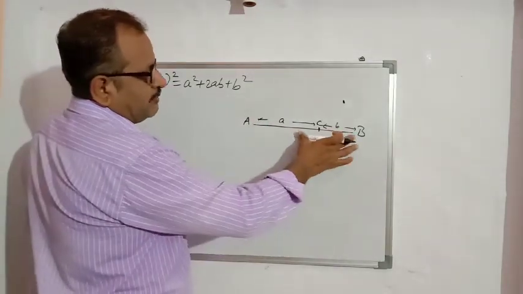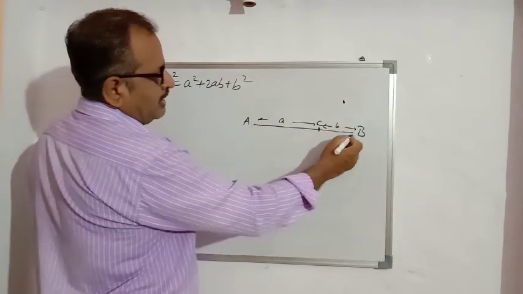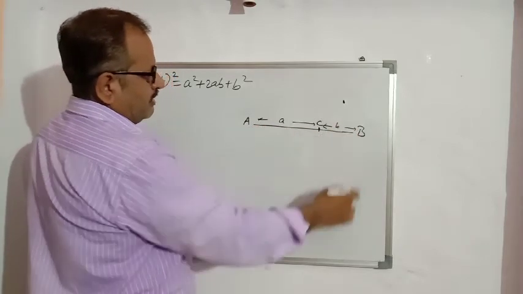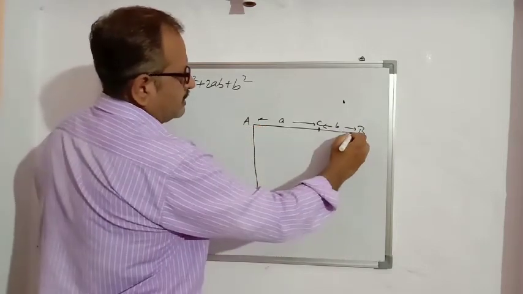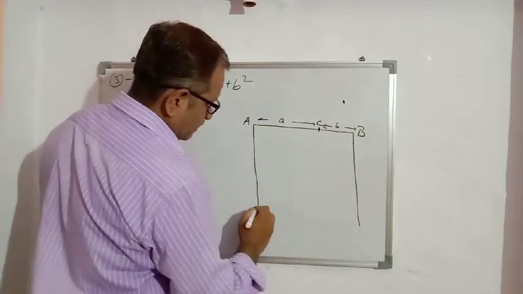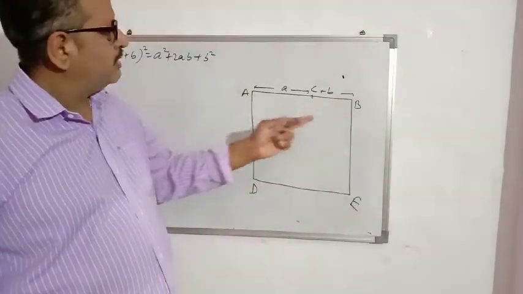On this line segment AB, we will make a square. Taking AB as one side of the square, we have to complete the square like this. See again, firstly we take a line segment AB of any length.